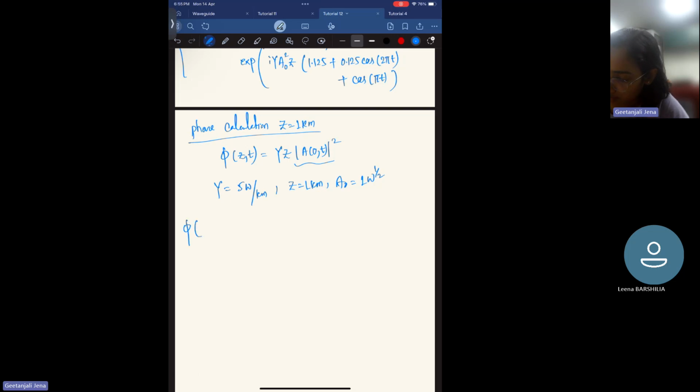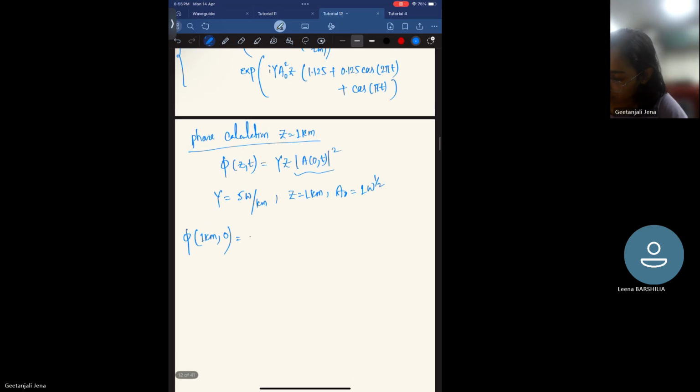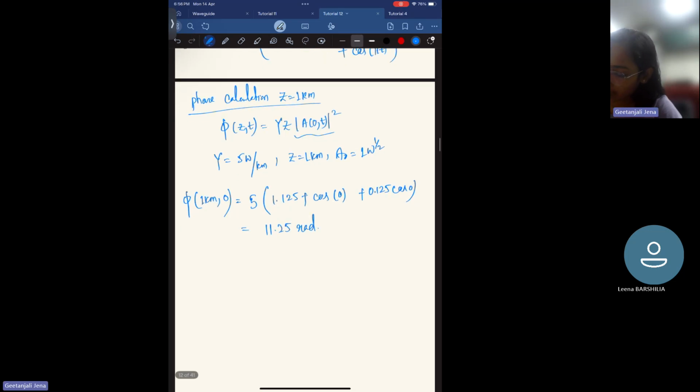So 5 times z, 1 kilometer, and when the time t is 0, it should be 5 times 1.125 plus cos 0 plus 0.125 cos 0. So we put t equal to 0. This will give a value of 11.25 radian when the time t is 0.